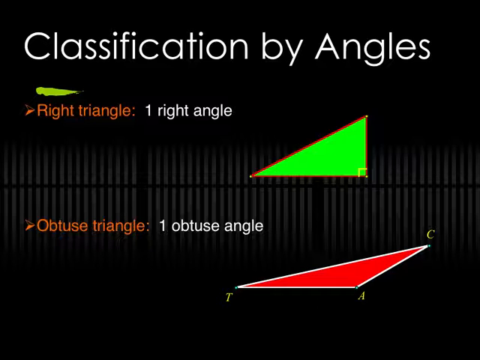Certain combinations work, certain combinations don't. For the most part, you can pretty much take one of the side classifications and pair it with an angle classification. For instance, can you have an isosceles right triangle?